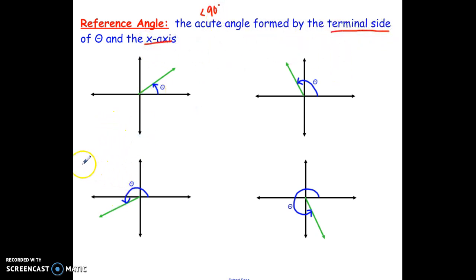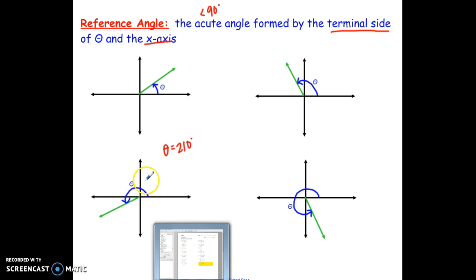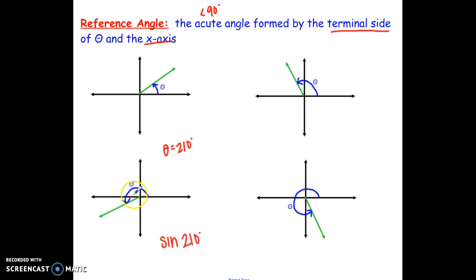Let's look at this picture down here. Let's pretend that I am looking at 210 degrees. Let's say that theta is 210 degrees, so maybe I'm asking you to find the sine of 210 degrees. Well, 210 degrees is very close to the x-axis over here.